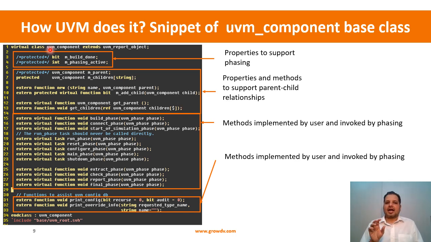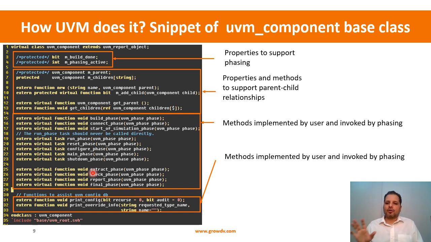So without worrying too much about the actual details over here, the concept that we need to understand is that we create a bunch of virtual base classes, and we provide a bunch of virtual functions that a user must implement when he extends it. That's the rule that is being enforced, and when he adheres to those rules, there are benefits, like I can find out the hierarchy. I don't need to worry about having to call the run task in parallel in the environment, right?